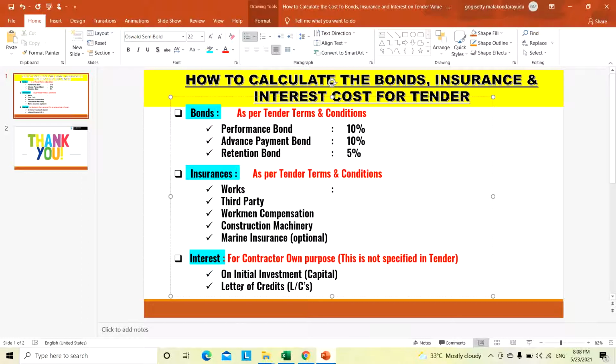Then during the course of the work execution, we need to take letters of credit for the payment of subcontractors and vendors. Sometimes we also want to discount our invoices. Like that we invest in these interest costs. I will explain in detail.